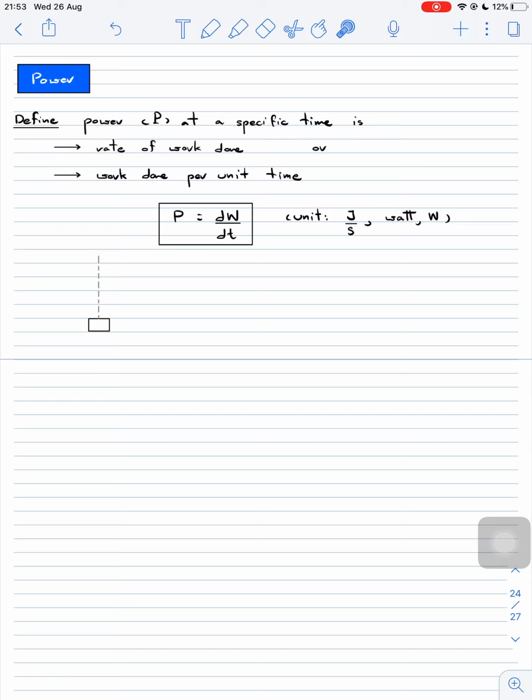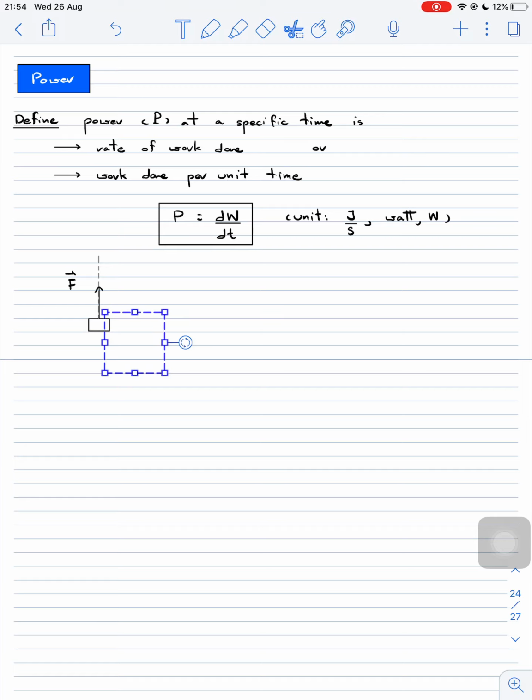Let's consider this. If I have an object, and we have a force, let's say the force F, that tries to push this object in this direction. Let's consider two cases.